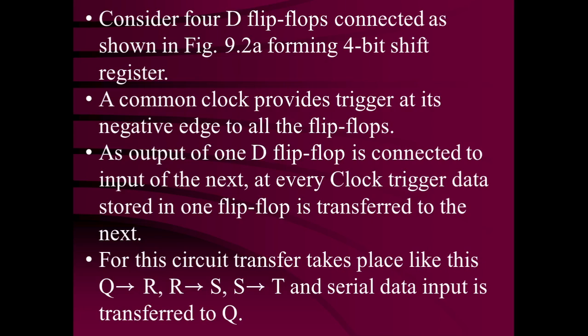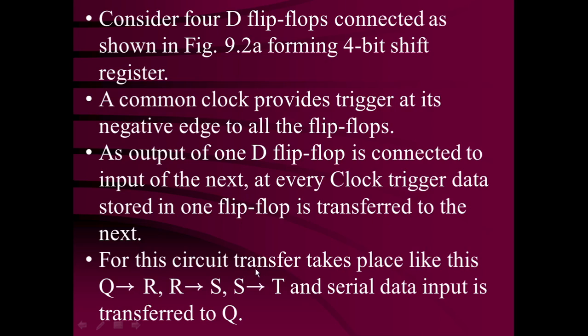They are connected in parallel for the clock. As the output of one D flip-flop is connected to the input of the next, at every clock trigger the data stored in one flip-flop is transferred to the next flip-flop.